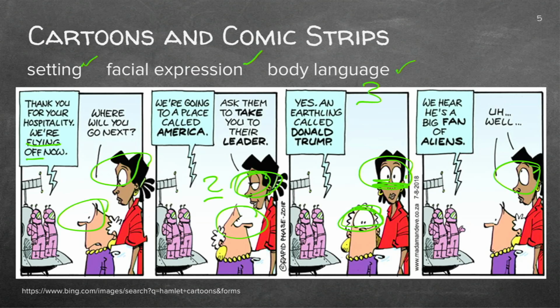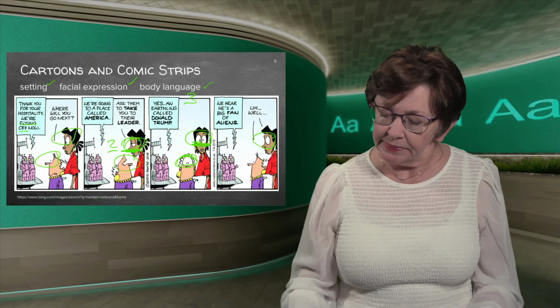And she lowers her eyes and says to Madam, ask them to take you to their leader. She has something up her sleeve. So if you were asked about the facial expression there, you can say that her eyelids are lowered and it looks as though she's saying something to Madam, and she's suggesting something naughty, right?